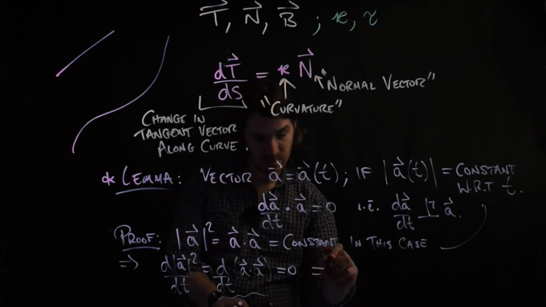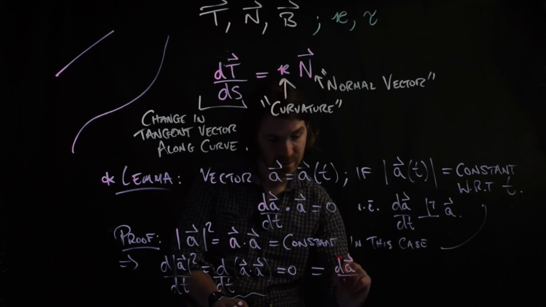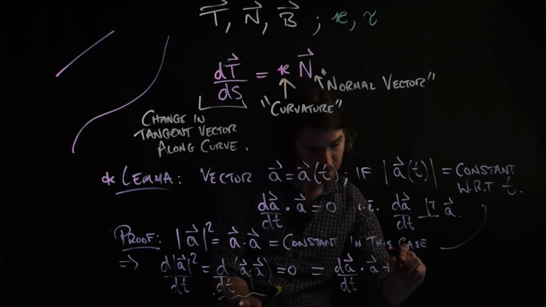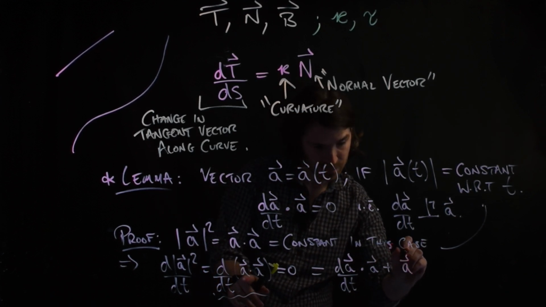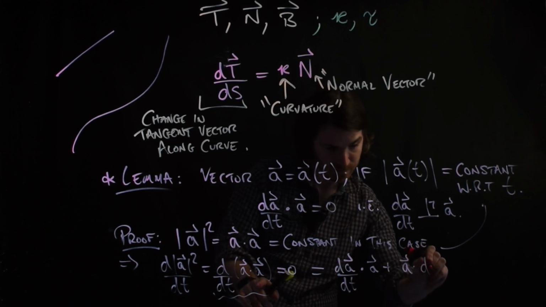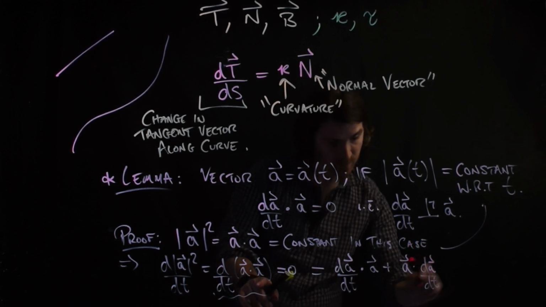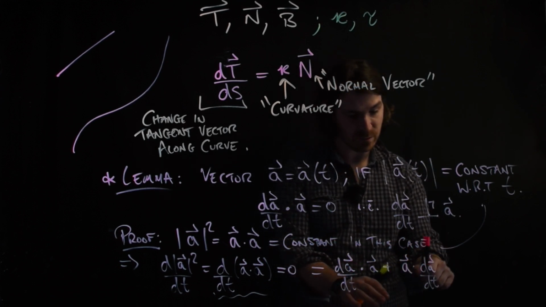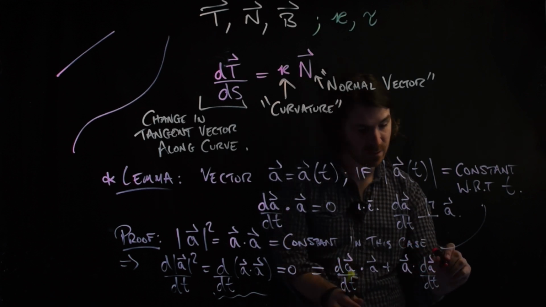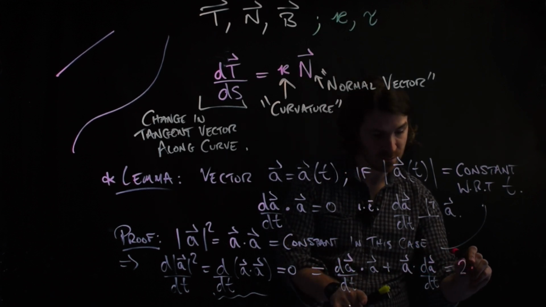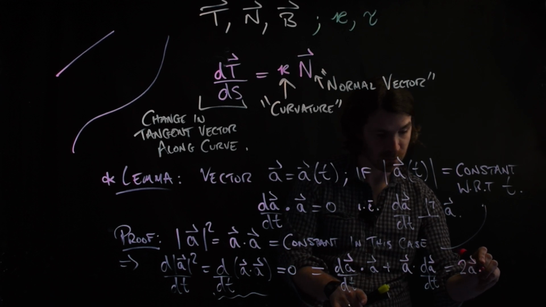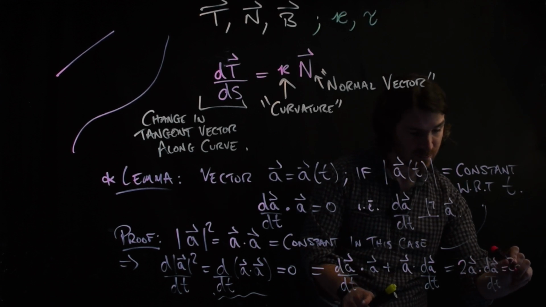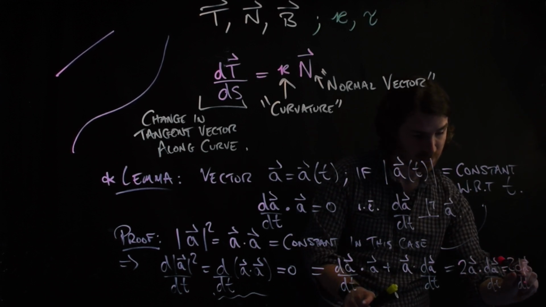This is dA by dt dotted with A plus A dotted with dA by dt. It doesn't matter the order that you take the dot product of two vectors, especially when it's the same vector A here. So this is just twice A dot dA by dt, or twice dA by dt dotted with A.